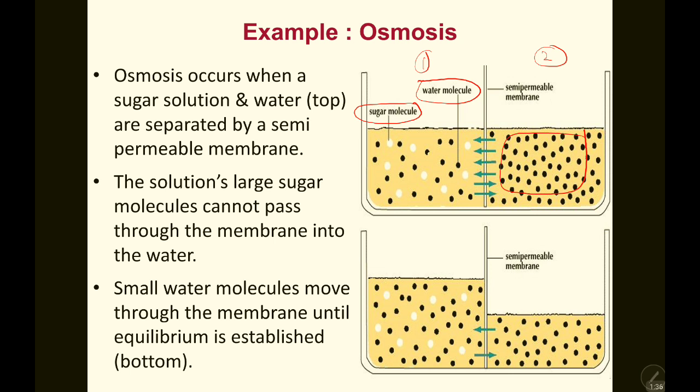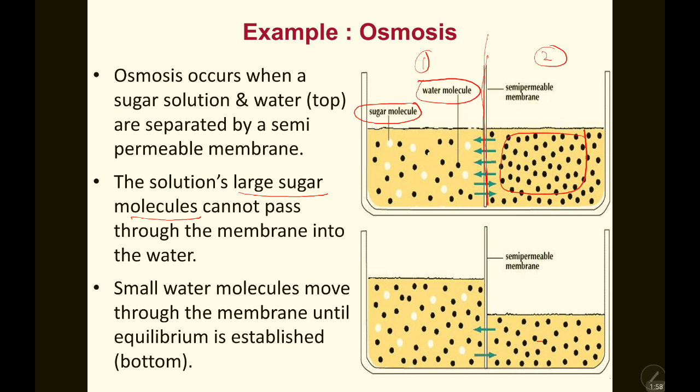Osmosis will occur when there is a difference in water molecule content. A semi-permeable membrane is present. The large sugar molecules cannot pass through this semi-permeable membrane, so what can go through is only the water.